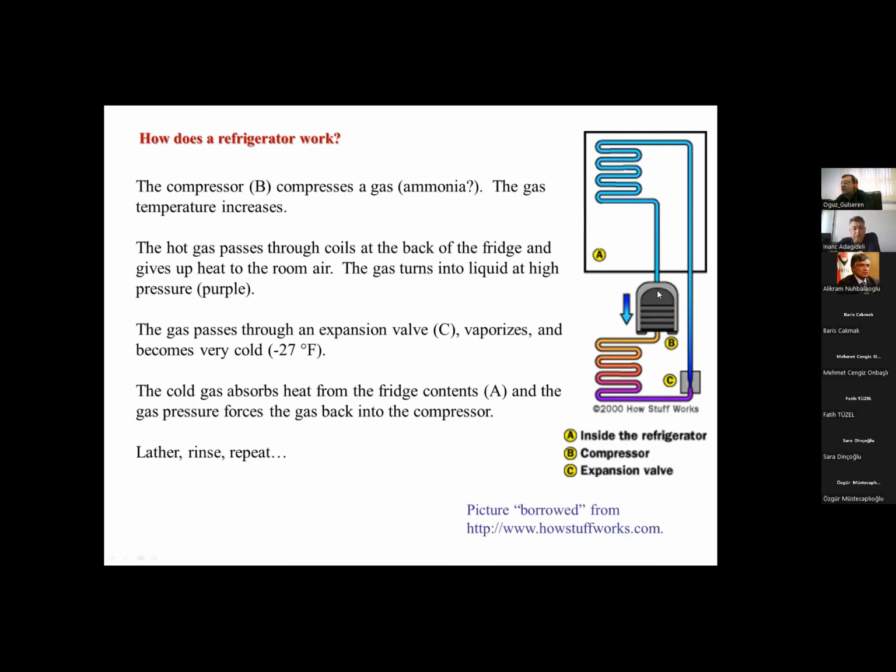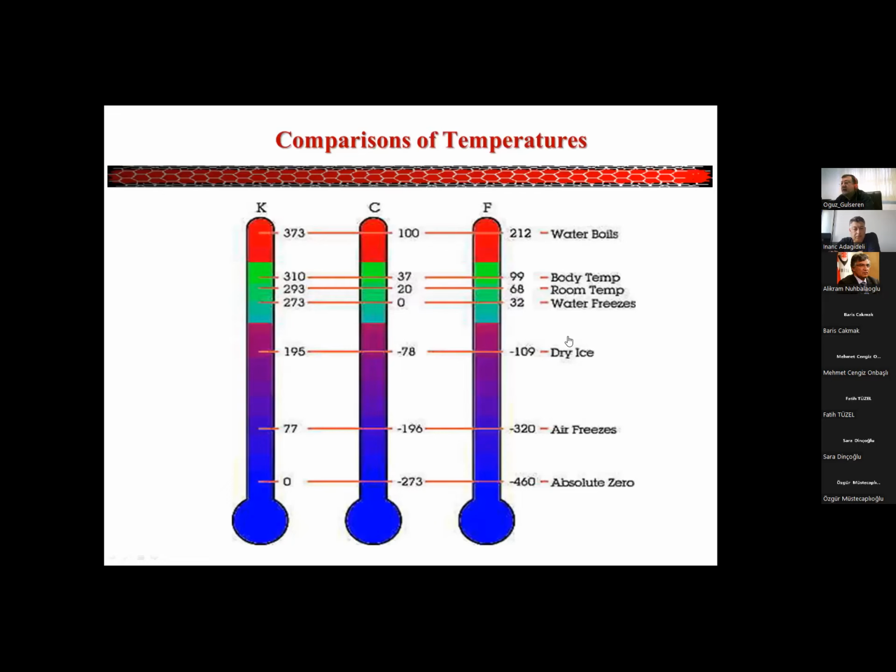I will not go into this process, but in physics, we work with the Kelvin, absolute zero. Then we have liquid helium around 4 Kelvin. Then we have liquid nitrogen around 80 Kelvin.